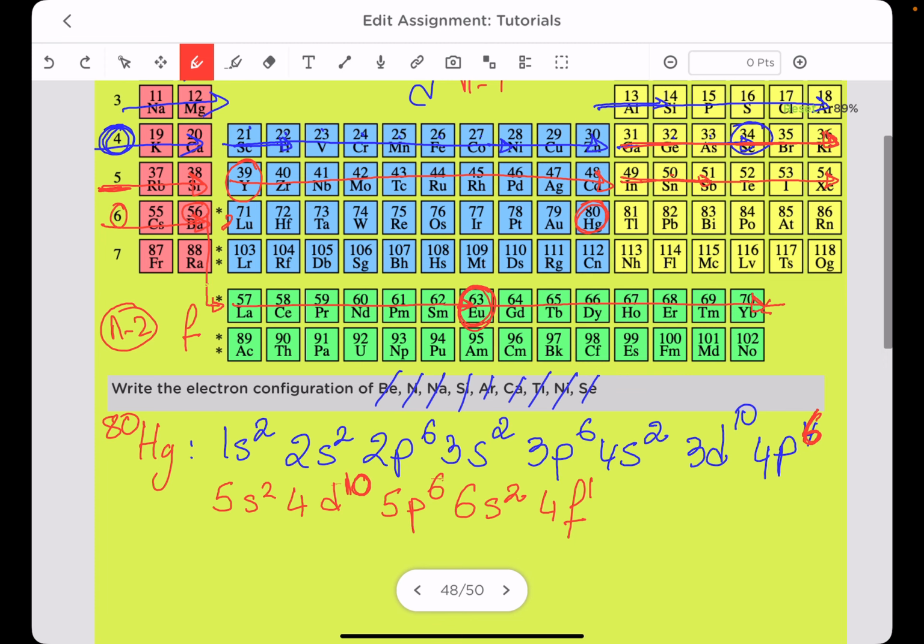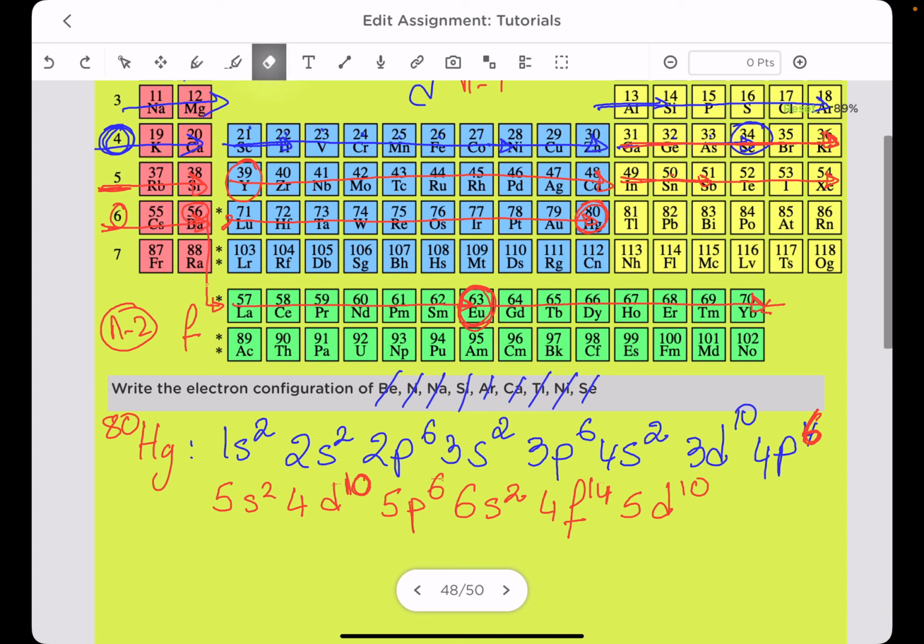So you're going to say 4f14. Now follow the numbers. This is 71, 70. 71 is over here all the way to mercury, to 80. So this is the line number 6. So instead of saying 6d, you're going to say 5d. And all the way to mercury is 5d10.